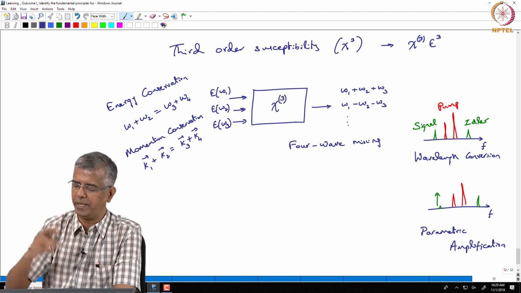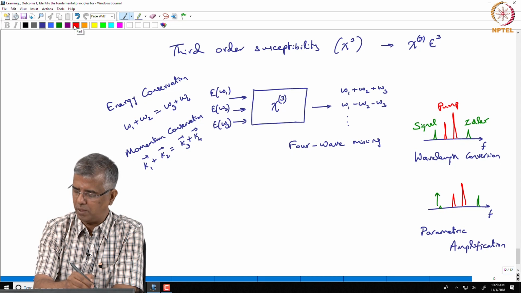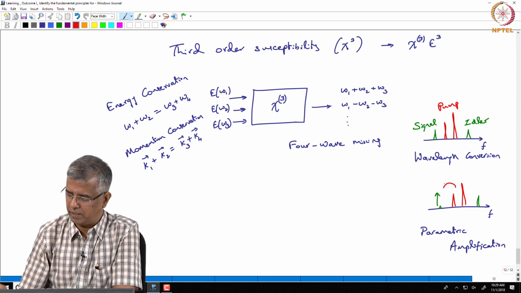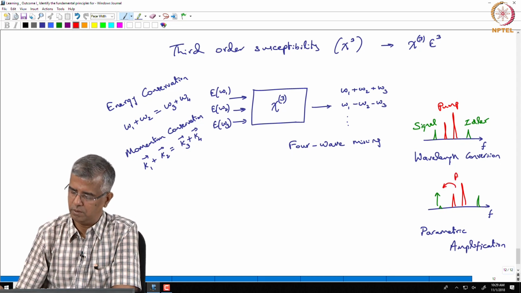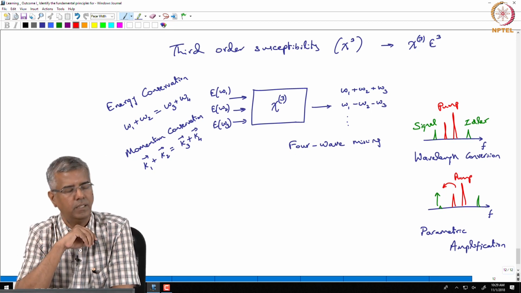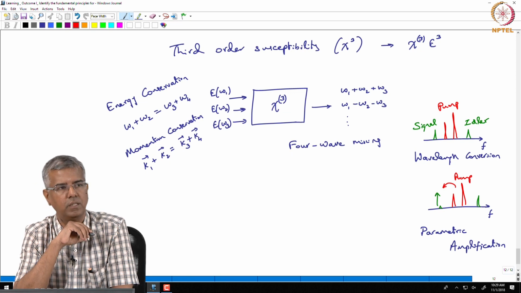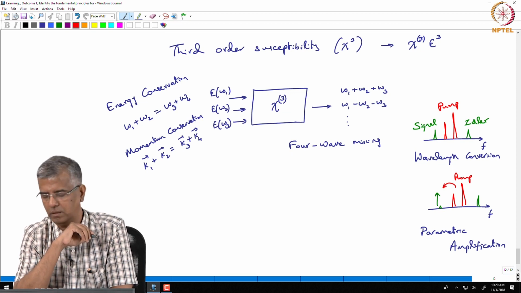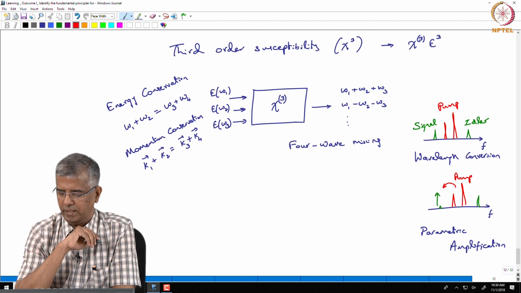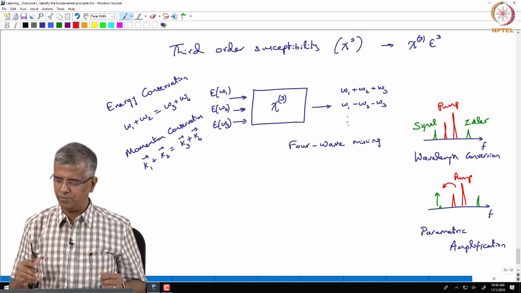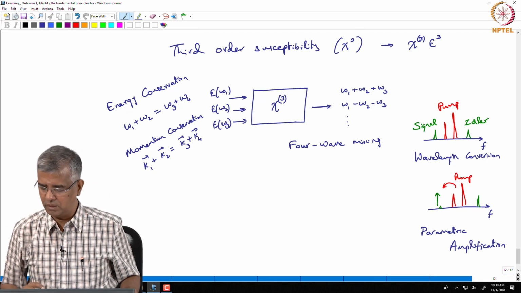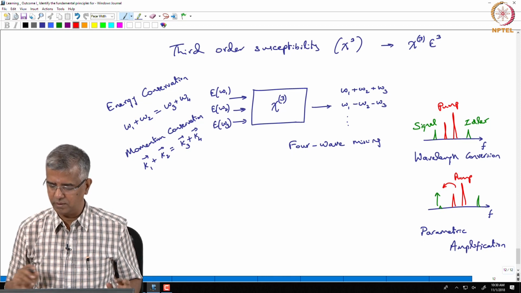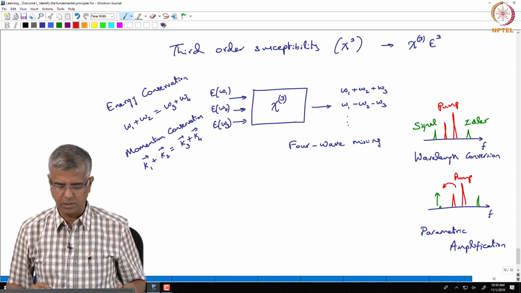What you're doing in this process is transferring energy from the pump to the signal, right. So you can achieve amplification through this. Like I said, I am not going into the details. There are a lot of very interesting details in these things, but I desist from going into those.